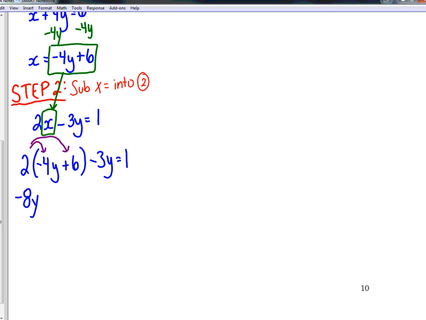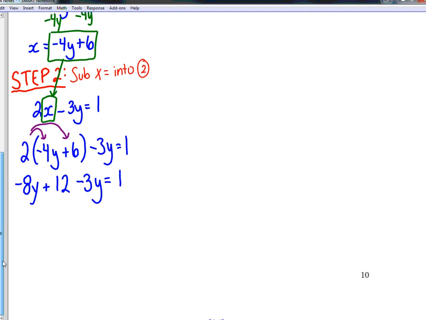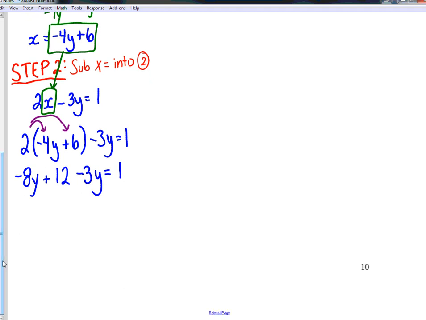Okay. So 2 times negative 4y is negative 8y, plus 2 times 6 is 12, minus 3y equals 1. Collecting like terms, negative 11y plus 12 equals 1. Now what?